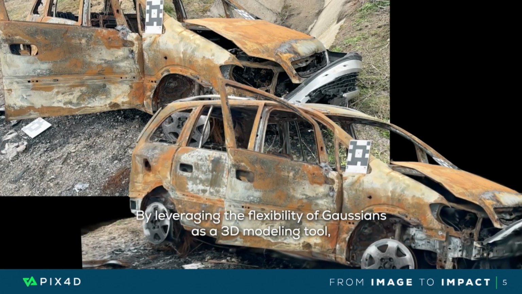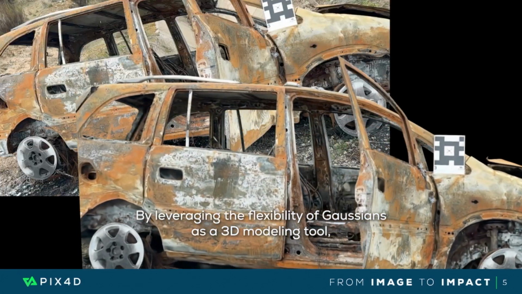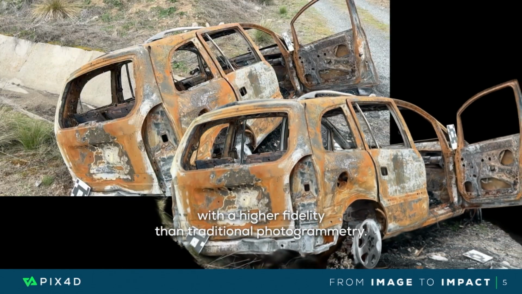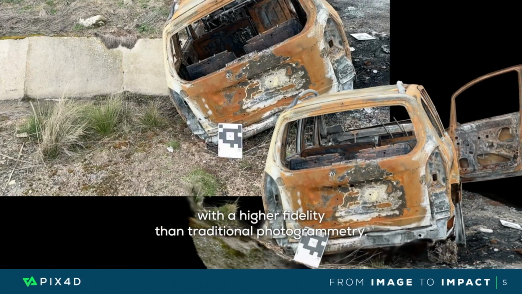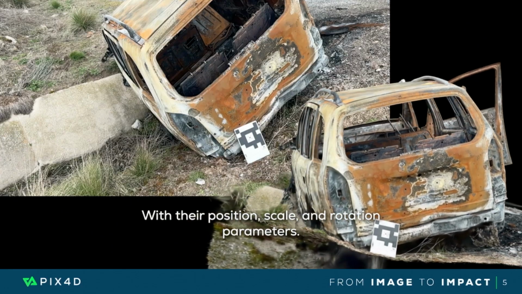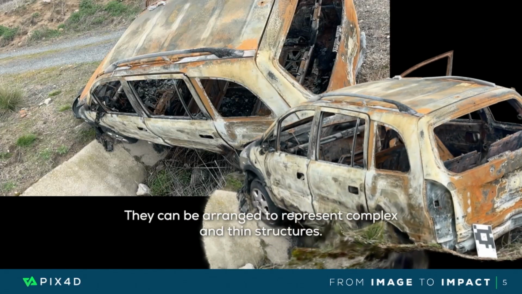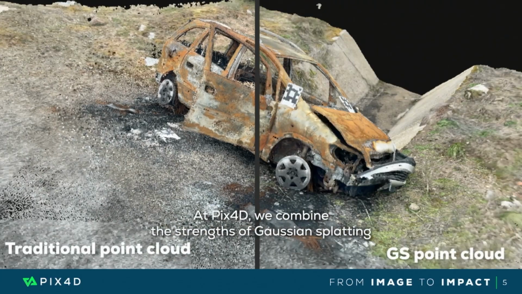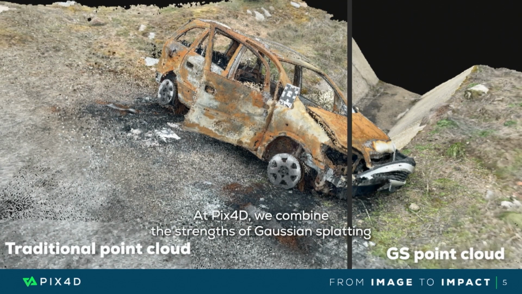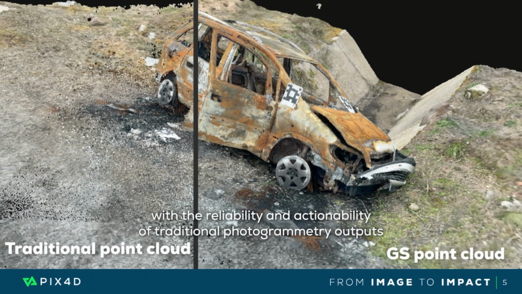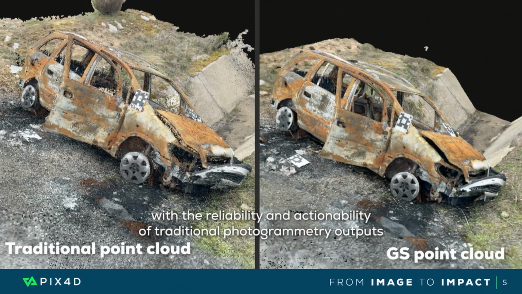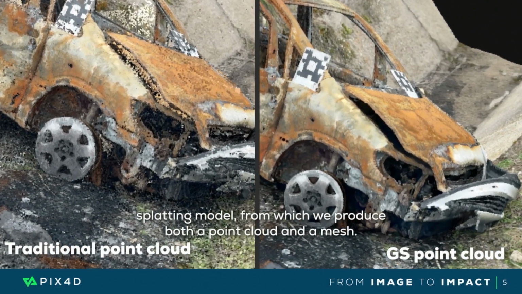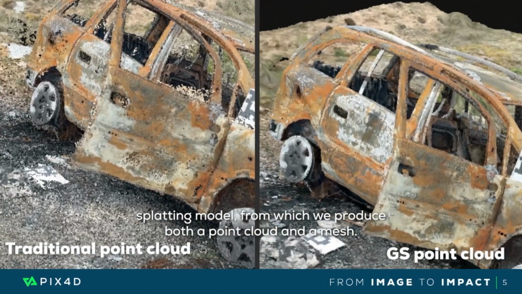By leveraging the flexibility of Gaussians as a 3D modeling tool, this technique can model small geometrical details with a higher fidelity than traditional photogrammetry. With their position, scale, and rotation parameters, they can be arranged to represent complex and thin structures. At Pix4D, we combine the strengths of Gaussian splatting with the reliability and actionability of traditional photogrammetry outputs to generate an accurately scaled and georeferenced Gaussian splatting model, from which we produce both a point cloud and a mesh.